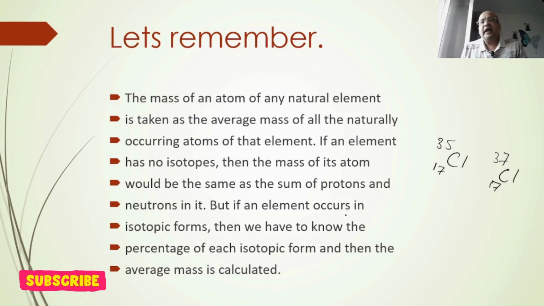But if an atom occurs in isotopic form, we have to know the percentage of each isotopic form, and then we need to average it out, right? So that's how the mass is calculated.